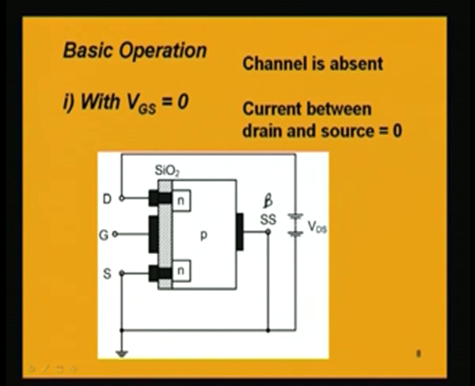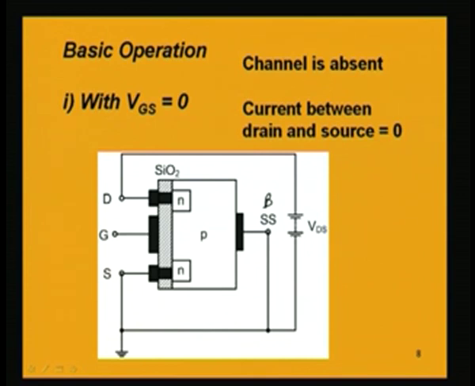So, that will have a high resistance, so there will not be any flow of current, and this PN junction is also reverse biased. So, these two back to back PN diodes have reverse biased junctions. From this end to this end through this P, if we travel, we have NP and again PN, both these diodes are reverse biased. So, we will not have any flow of charge carriers, or we will have zero current. There will not be any flow of current from the drain to the source.